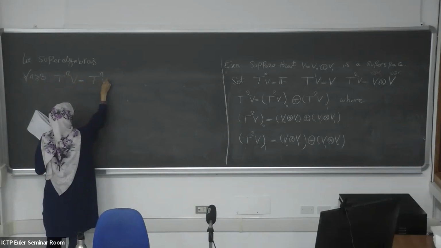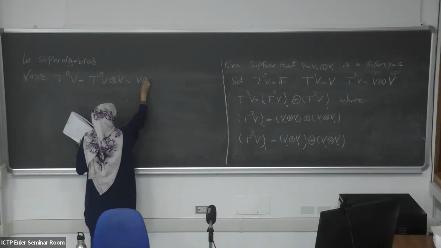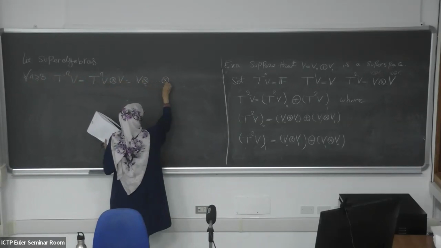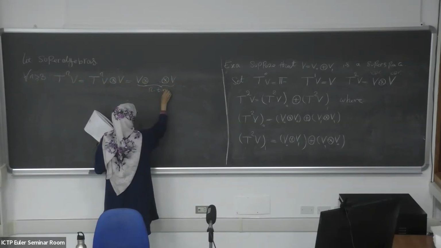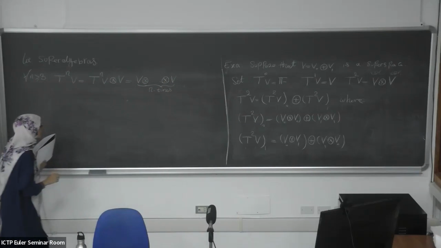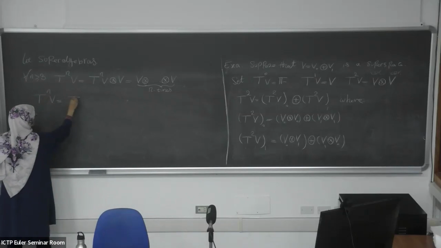T^n V, which is the tensor product of V n times, and again T^n V is a superspace.